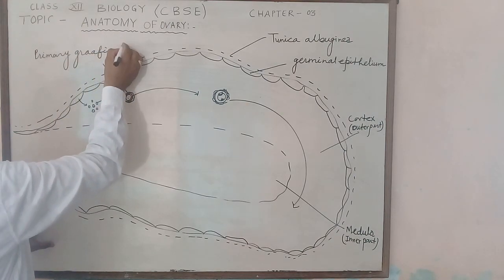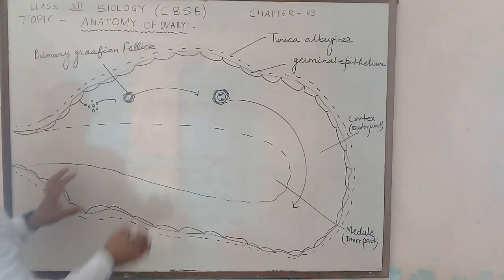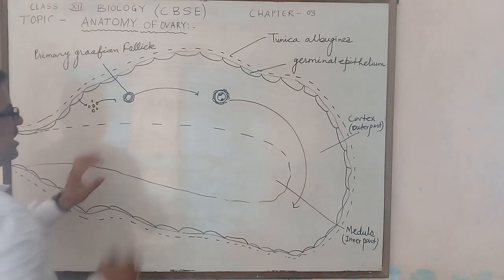The primary Graafian follicle has an important character: it is surrounded by a single membrane.